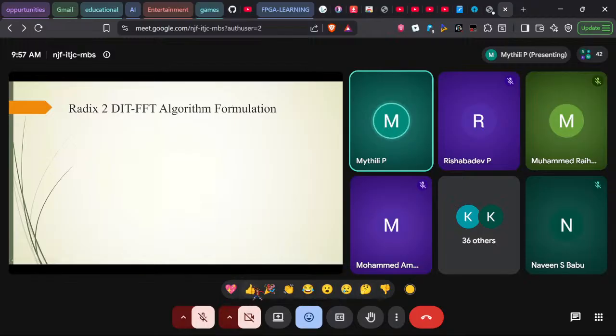Like this, x1 of n will have only the even parts, x2 of n will have only the odd parts. Okay. That means even samples of the sequence and odd samples of the sequence. And then we can write like this. DFT of x of n can be written as DFT of x1 of n plus DFT of x2 of n. Yes. That is like this.